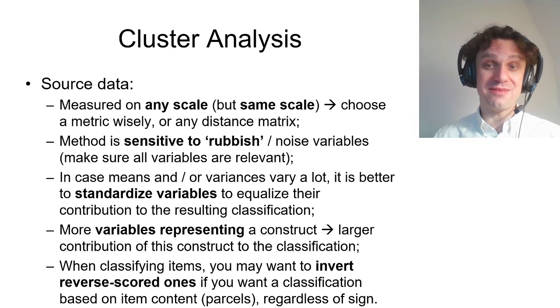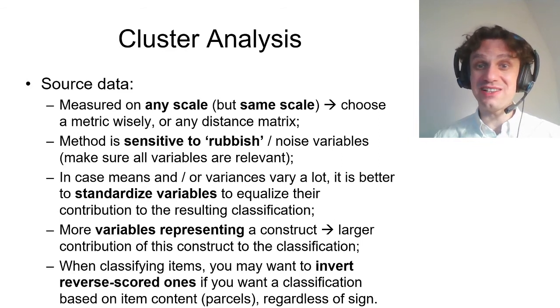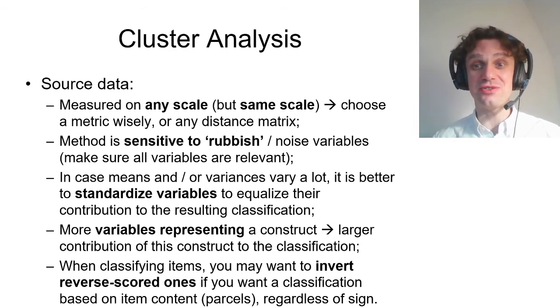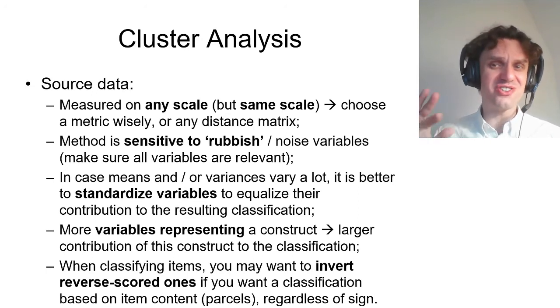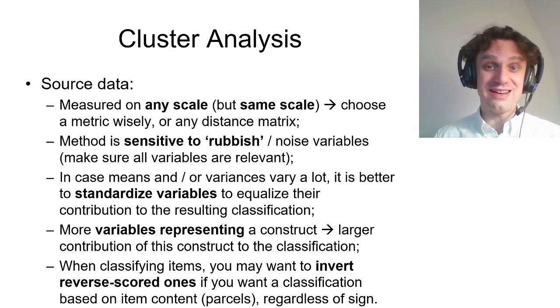And some considerations that are potentially important is that cluster analysis is sensitive to rubbish. So try not to include any variables that you are not sure are necessary or maybe that are not very relevant, or if there is a lot of noise in the data, also it might complicate the structure a little bit.